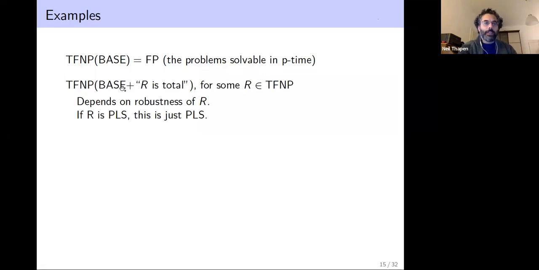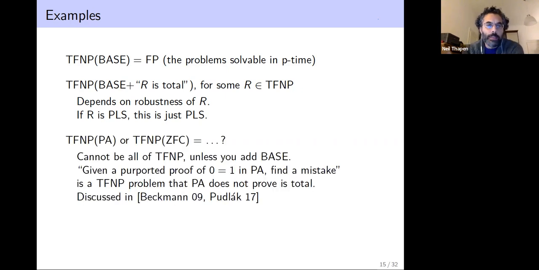Another natural thing to do is to take our base theory and add that some problem is total, and then in the case of, say, PLS, the set of things you'll get here is PLS again. But this isn't always going to be true. You'll get the class itself, and things you can get by finitely many calls to the class, and you might get some other things as well. But for a robust theory, you'll get back the same thing.